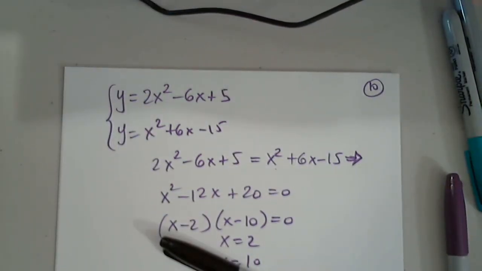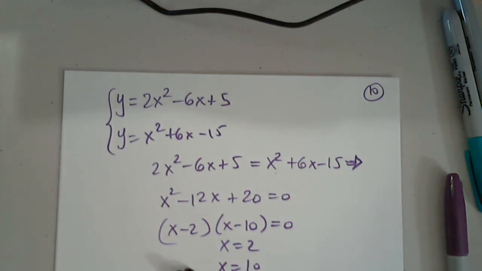Okay, x squared plus 6x and minus 15. Okay, so I know that I'm really interested in the interval 2 to 10 because I know where the intercepts are, but I just want to use different windows so I can see both graphs.